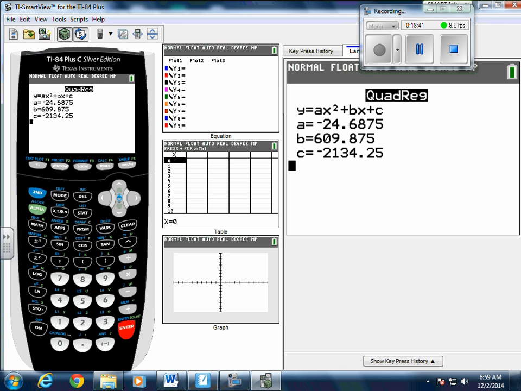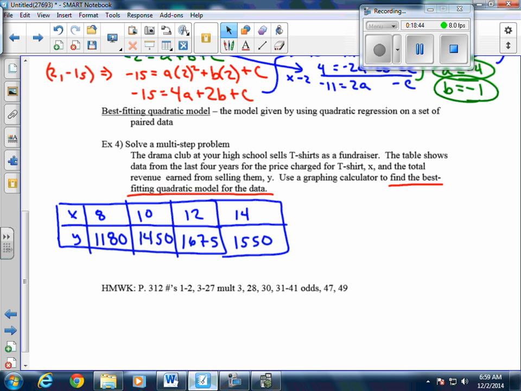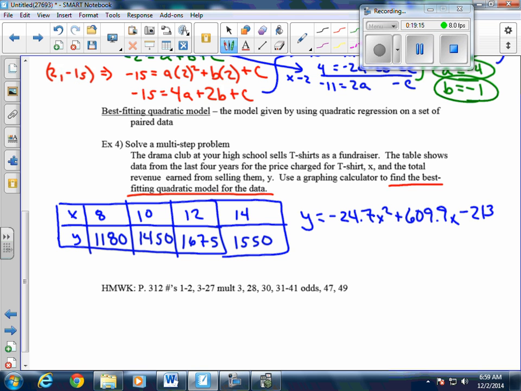So when we come back here, we're going to write our equation. From your calculator, you're going to get these numbers: y equals negative 24.7x squared plus 609.9x minus 2134.3.